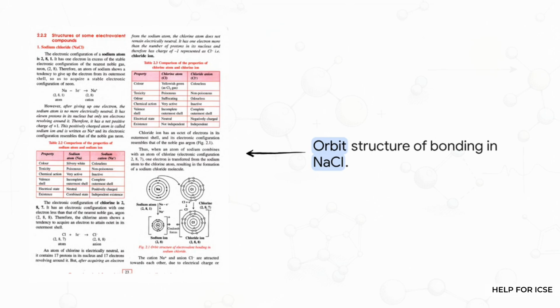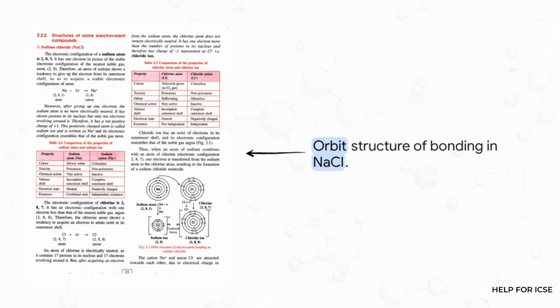To put that into perspective, let's look at a classic transaction. Check out the orbit structure of sodium chloride, basically just regular table salt. We have the sodium atom. Its configuration is 2,8,1. It's got this one incredibly vulnerable electron hanging out in its outermost shell. Then you have chlorine, sitting at 2,8,7. It is agonizingly close, just one single electron short of a perfect argon configuration. So sodium completely offloads that outer electron to chlorine.